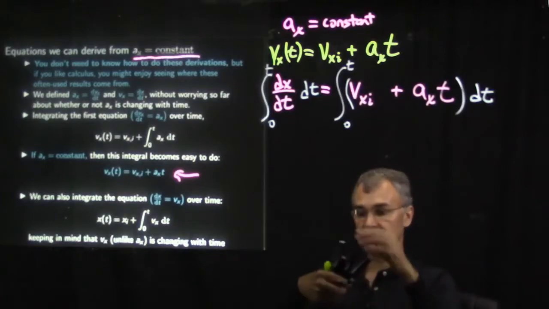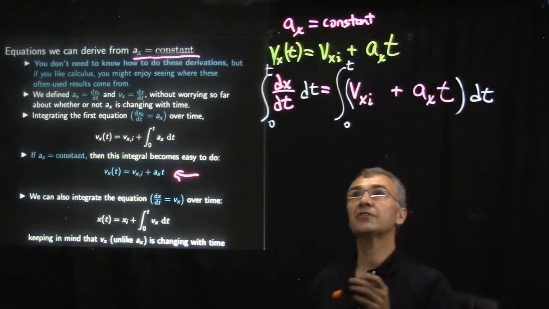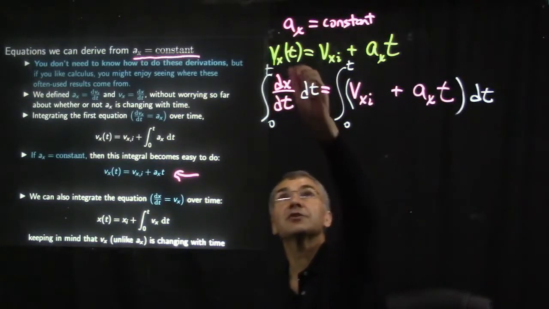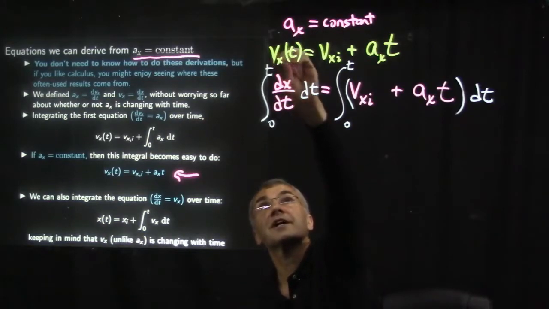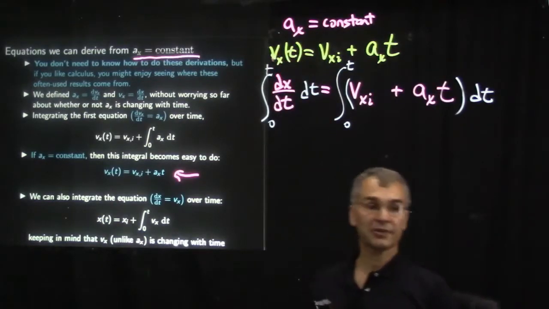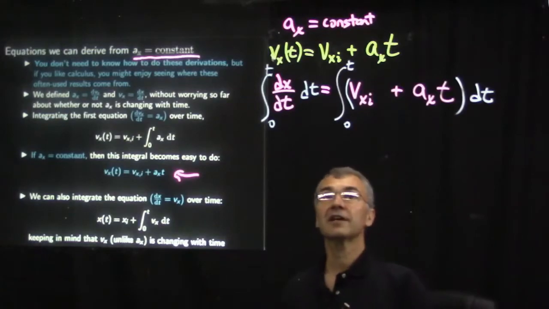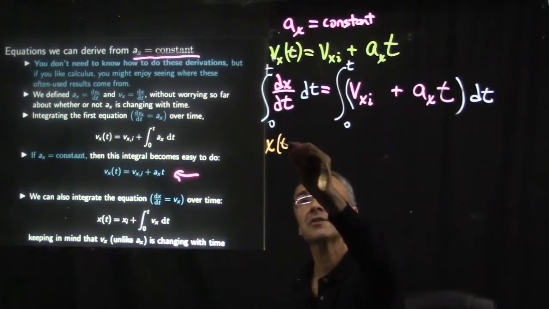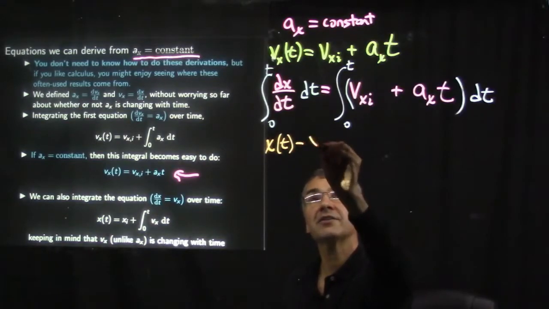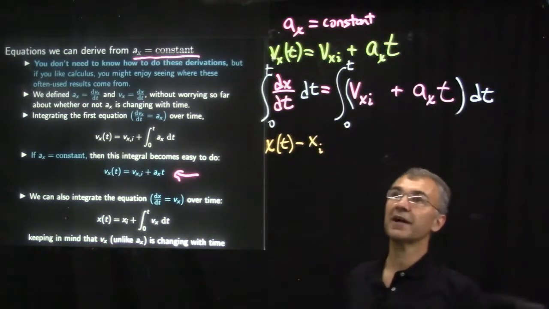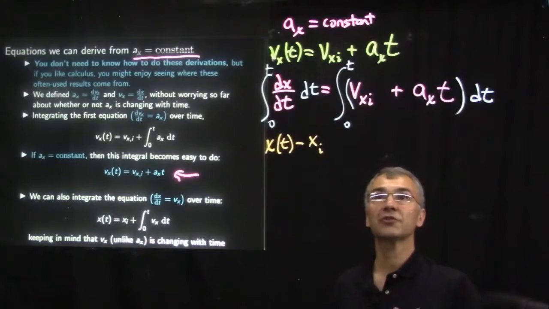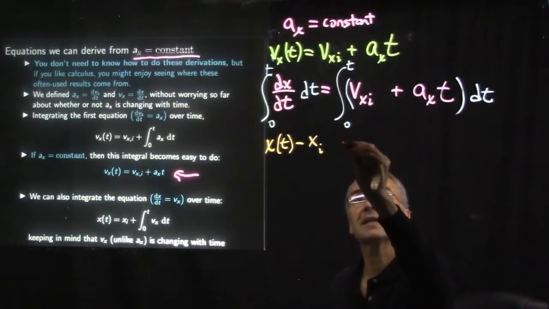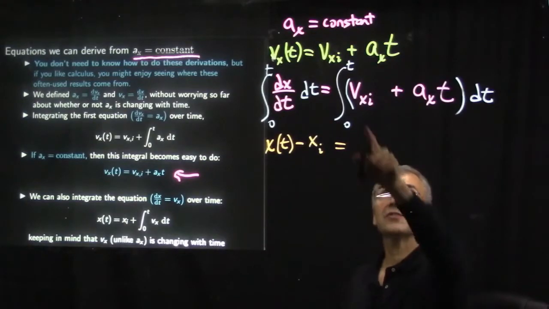And this is just saying the integral of the derivative of x. So the integral of the derivative of x is just x. So this is x of t minus x initial, in other words, minus x at t equals 0. And then over here, this is just a constant.